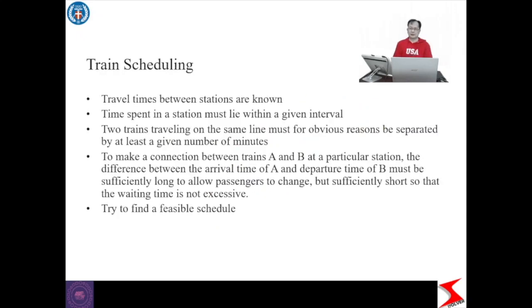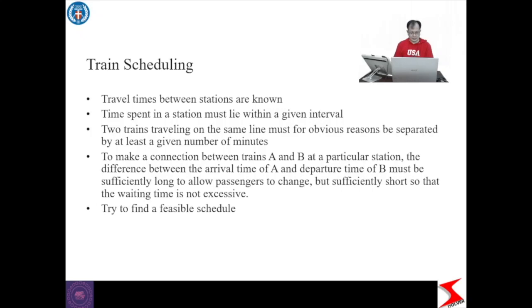Now, I want to introduce some very simple OR problem scenarios. The first one is train scheduling. Because trains are part of our daily life, we can see it is very common, so this kind of problem we will analyze. In the train scheduling scenario, travel times between stations are known. Time spent in a station must lie within a given interval.